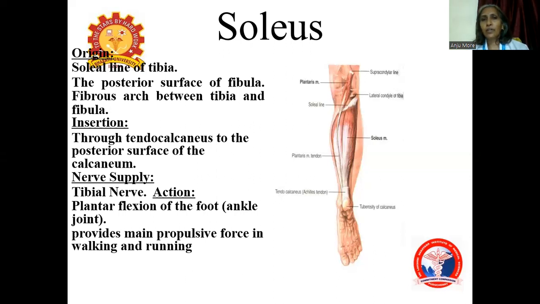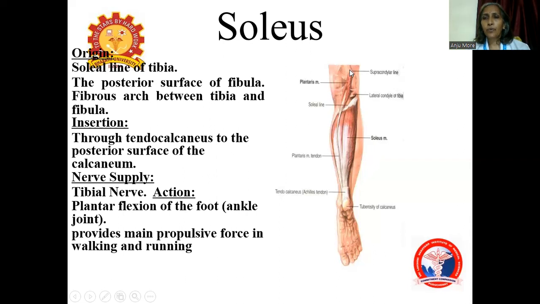Another significance of soleus is the presence of venous plexus within the muscle mass or the belly of the soleus. So, with the contraction of soleus, this venous plexus will be compressed and the blood which is stagnated or present in this venous plexus will be pumped towards heart.